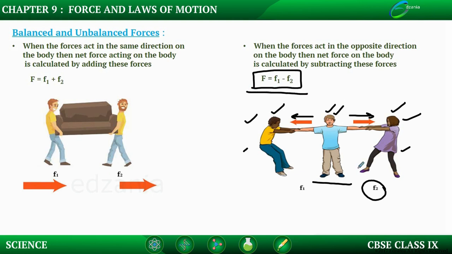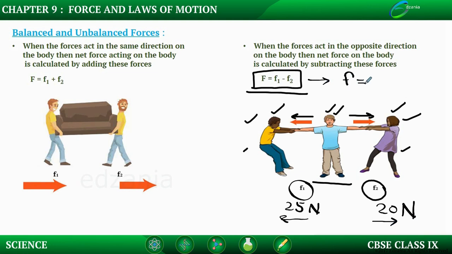Now, let us consider F1 is equal to 25 newtons, and its direction of application is towards left, and F2 is 20 newtons and its direction of application is towards right. So, the net force according to this formula comes out to be F is equal to F1, that is 25, minus F2, that is 20.